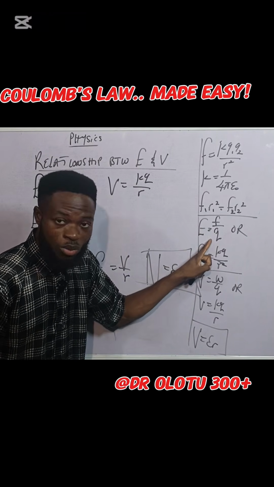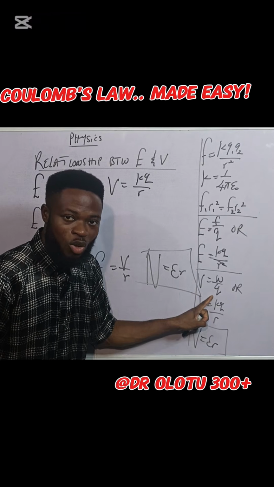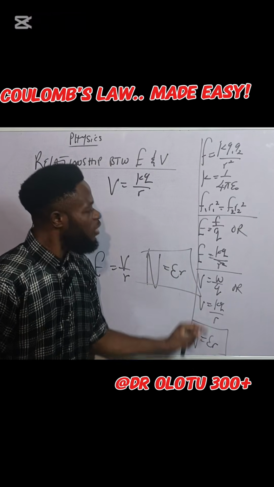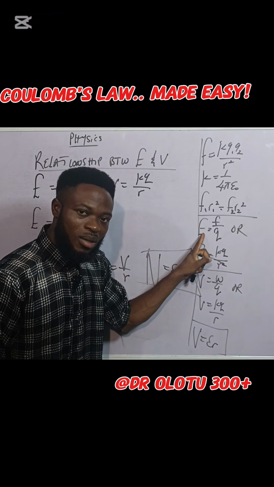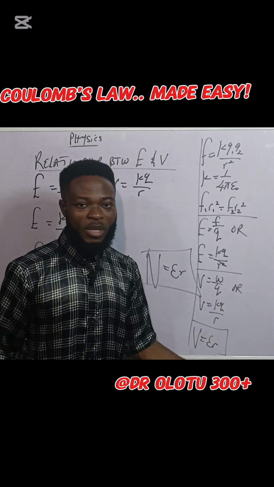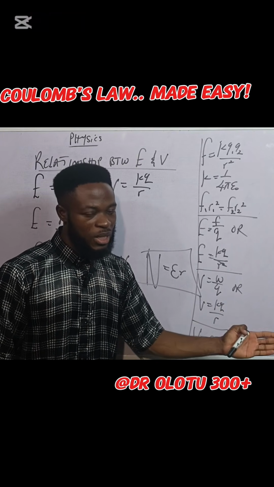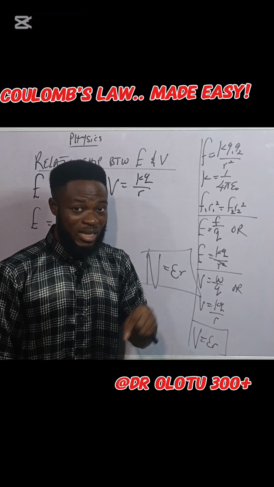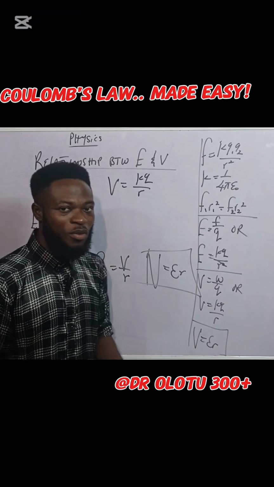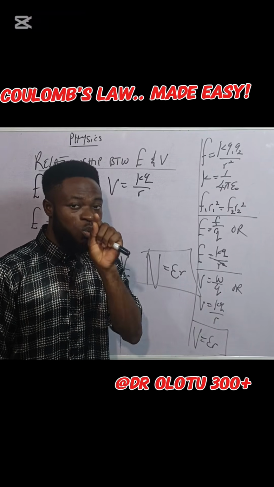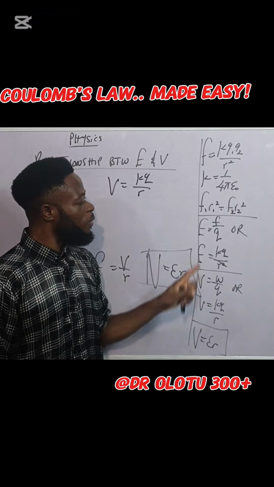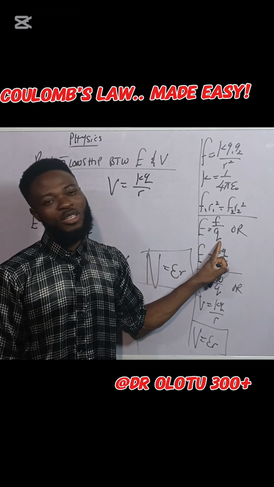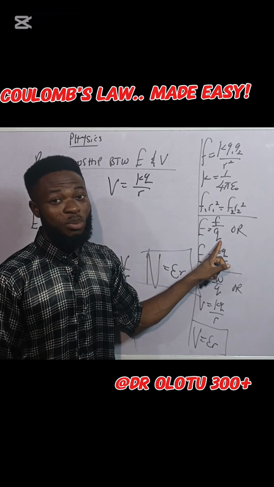Observe F over Q, observe W over Q. Now, in the case of electric field intensity, in the alphabet series, after A, B, C, D, E, what you get next is F. That means for electric field intensity, whose symbol is E, the formula becomes E equal to F over Q. So this is simple to always remember.